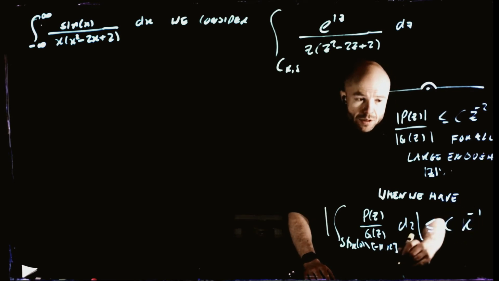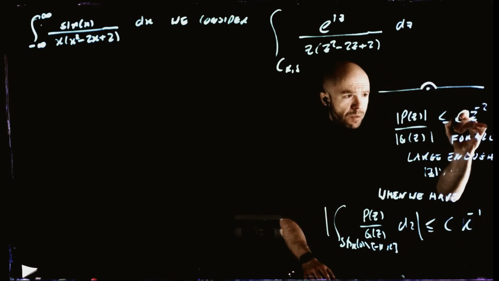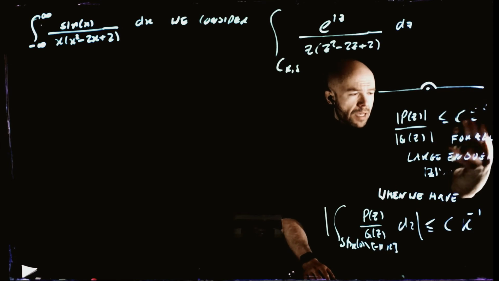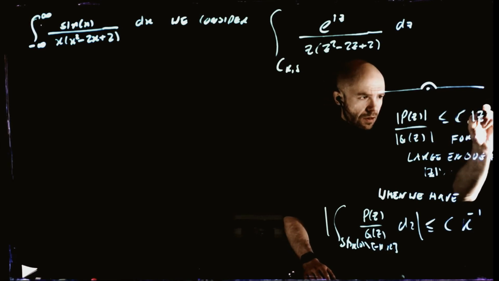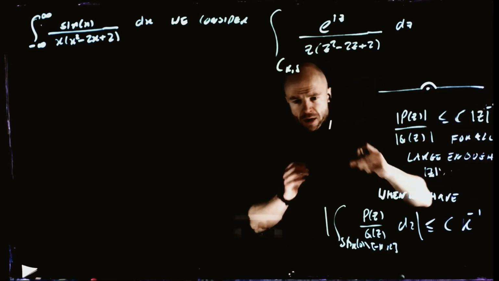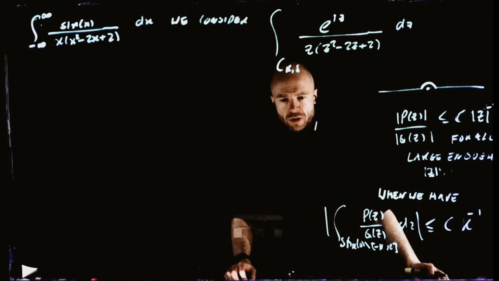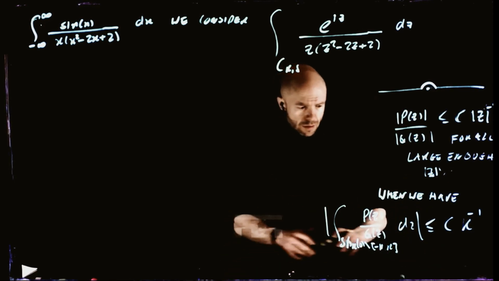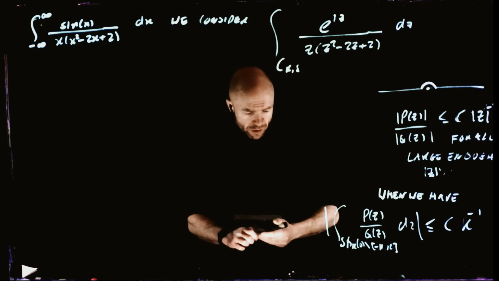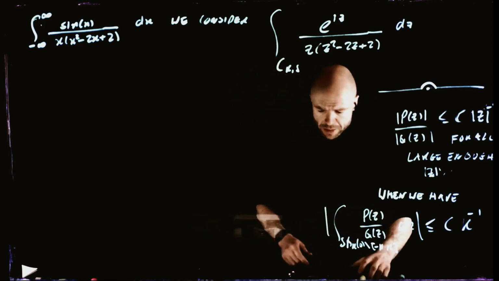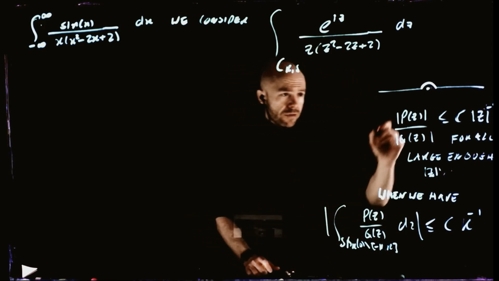Yeah? So if we have this property that as we get very, very big, this thing decays like r to the minus 2, then a semicircle is fine. If we don't have that property, then we have to use special cancellations of our function.